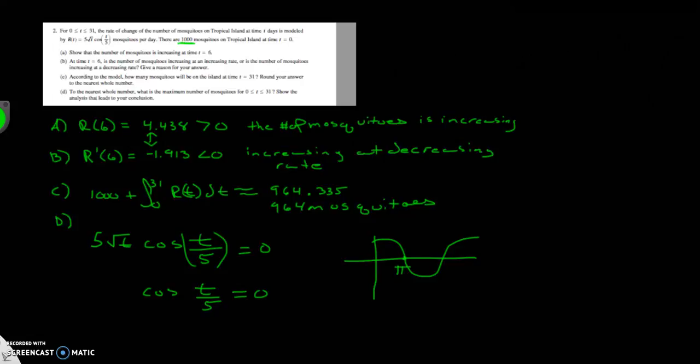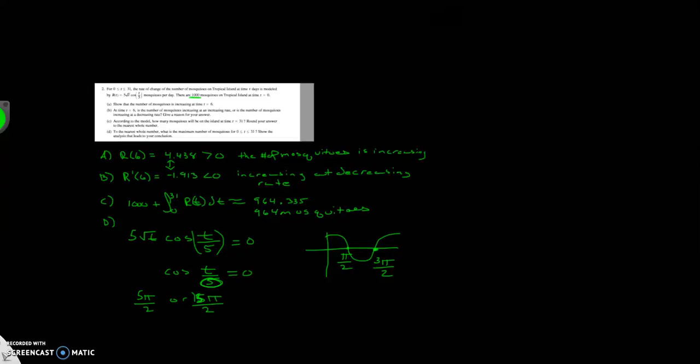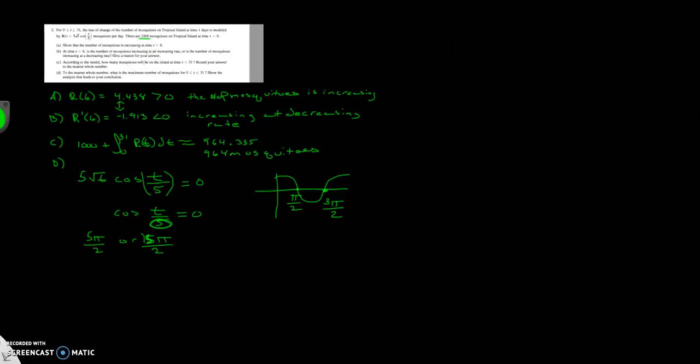This is π/2, and this is 3π/2. But since you have this 5 over here, you'd have to make the numerator 5 times larger. So it'd be 5π/2 or 15π/2. It's not the same exact graph, but it kind of gives you a gist of how to solve it. Okay, so anyway, going back, so now we have to integrate, and I'll prove it analytically as well.